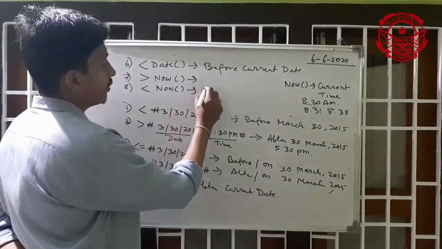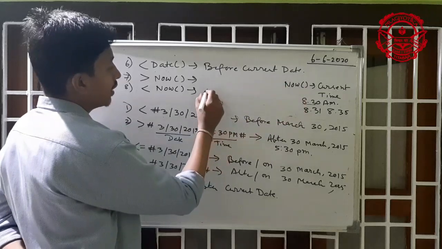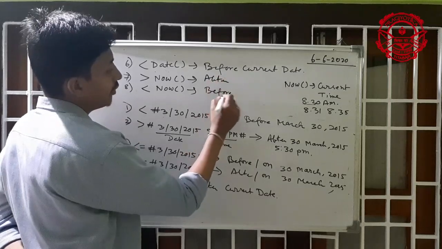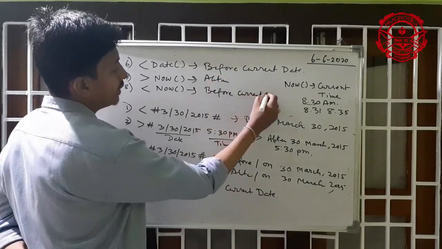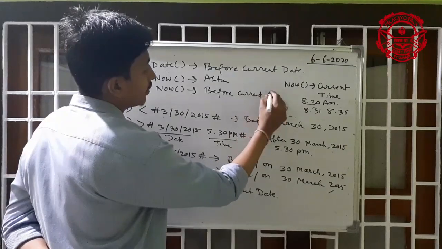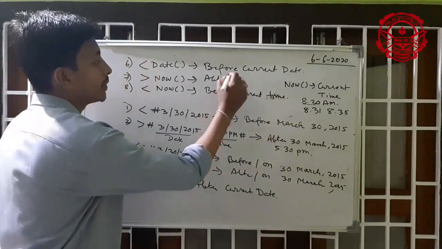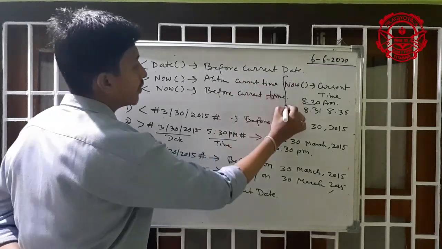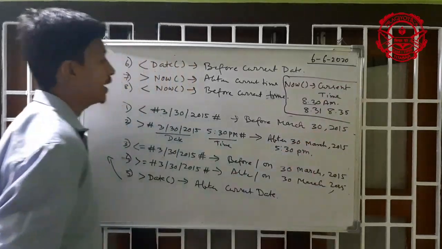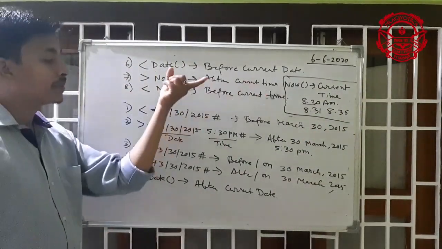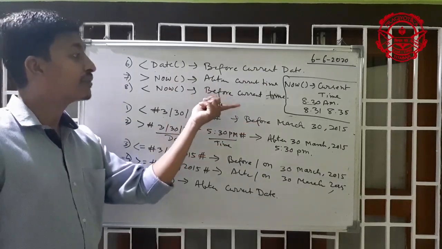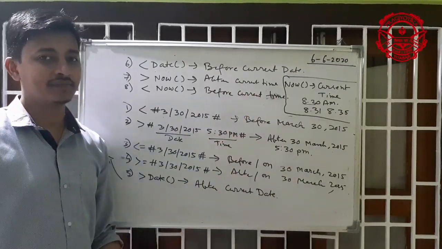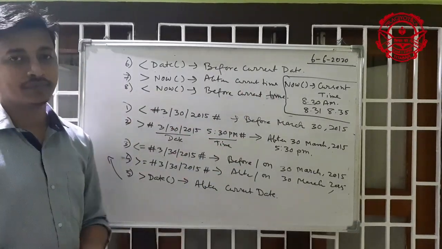It will give the before the current time, whereas the previous one gives the after the current time. It will give the present day but before the current time, or any day in the past. This is the less than now function.